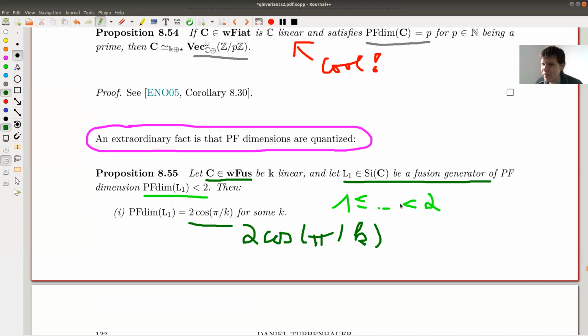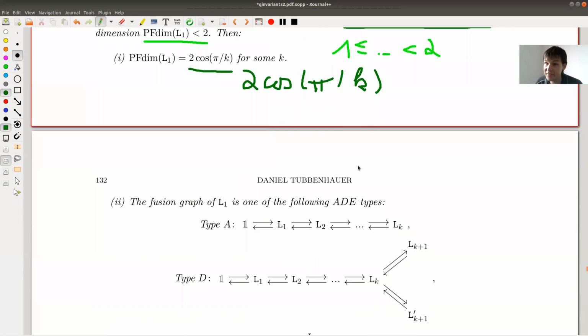Remember, they could be any real number, but it turns out that they are only 2 cosine pi over k, which is pretty amazing. There are still infinitely many, because k can be anything, but they are in some sense discrete, a discrete set in between 1 and 2. And it gets better.